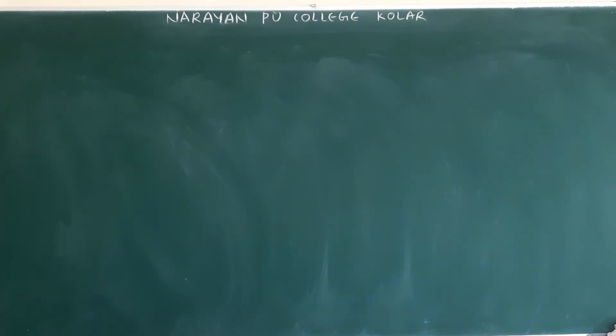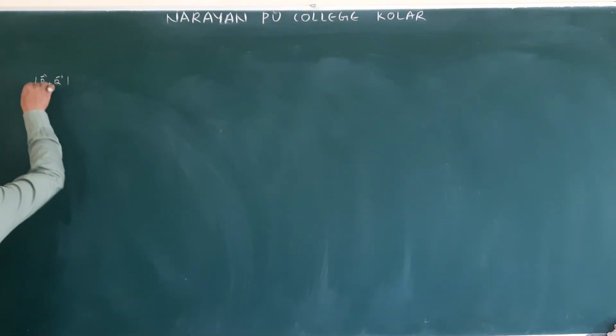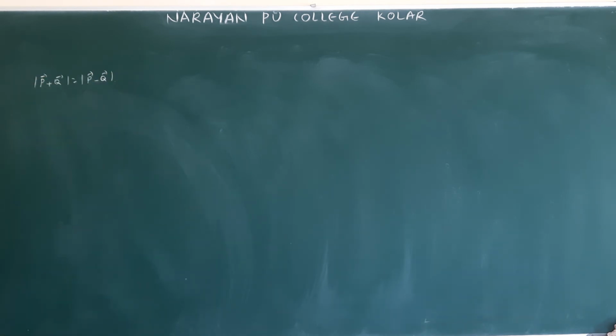See example 25. If the magnitude of p bar plus q bar is equal to the magnitude of p bar minus q bar, find the angle between p bar and q bar. They gave the magnitude of the sum of two vectors equal to the magnitude of the difference of the two vectors.